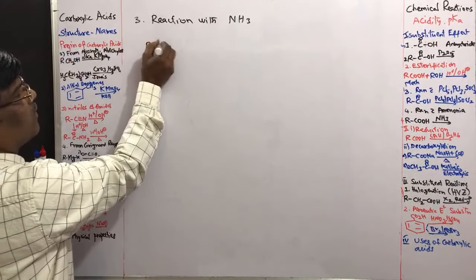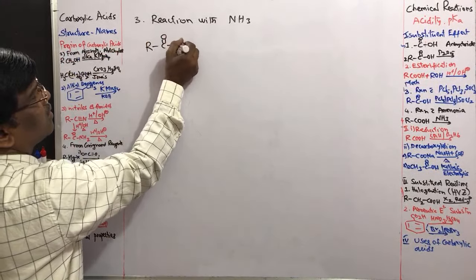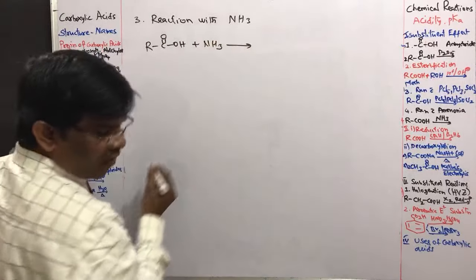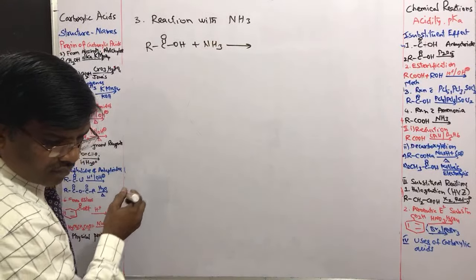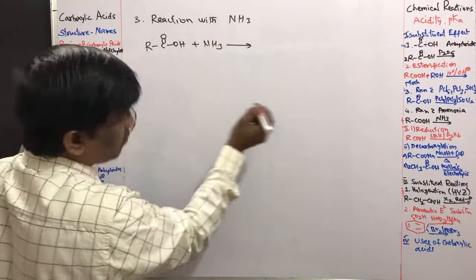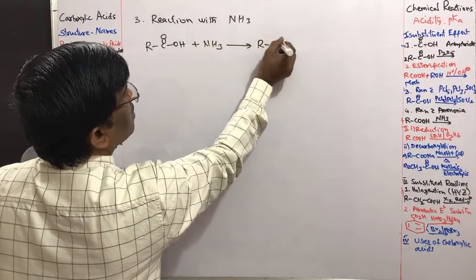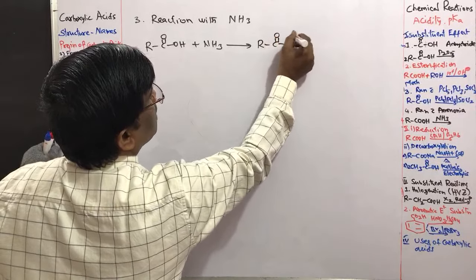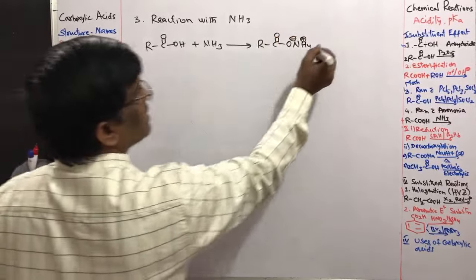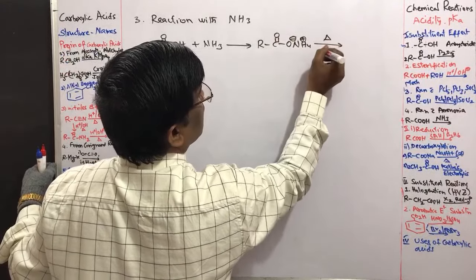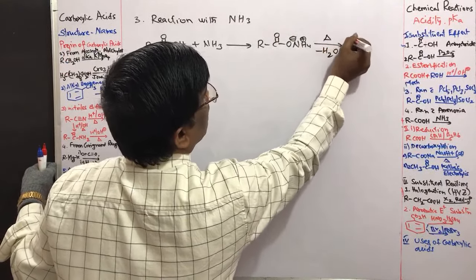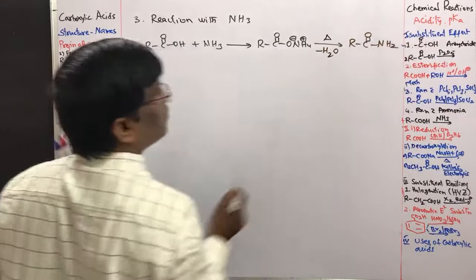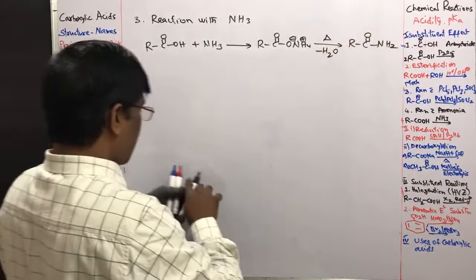For example, acid plus ammonia forms RCOO- NH4+, and when I heat it, it loses water to give the amide RCONH2. So this is an amide, students.